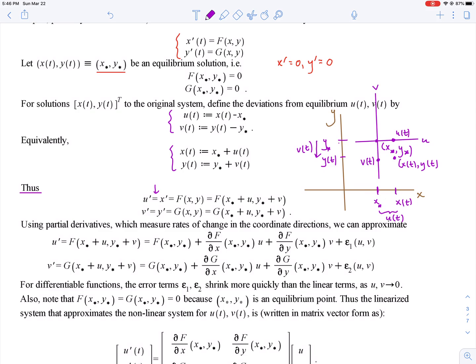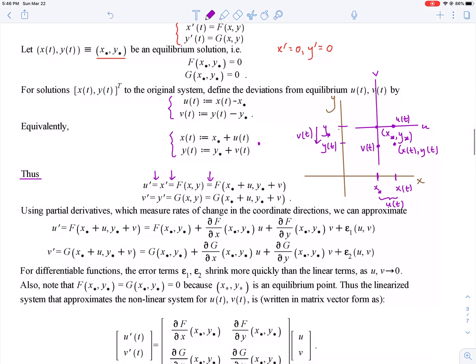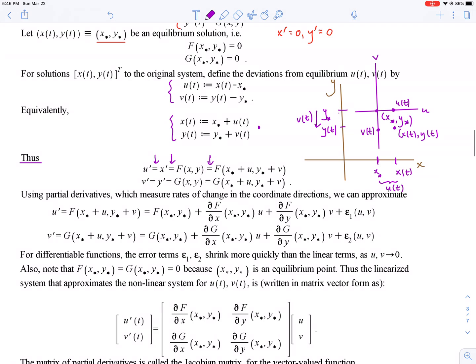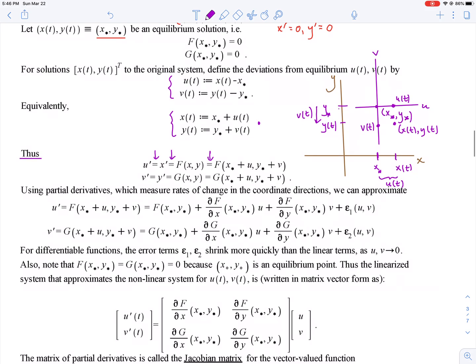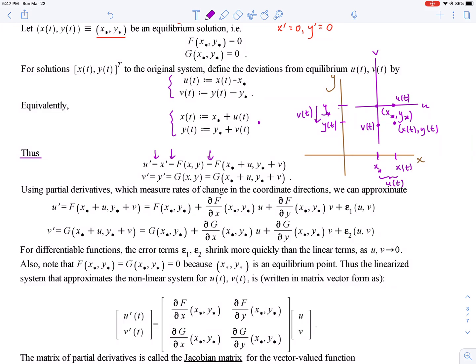But x prime is f of x, y, and y prime is g of x, y, because we are starting with a solution to the original nonlinear system. And now we'll use the tangent approximation. So x is x star plus u of t, and y is y star plus v of t. So we'll rewrite f of x, y as f of x star plus u, y star plus v, and the same for g.